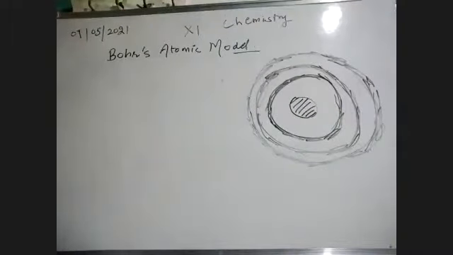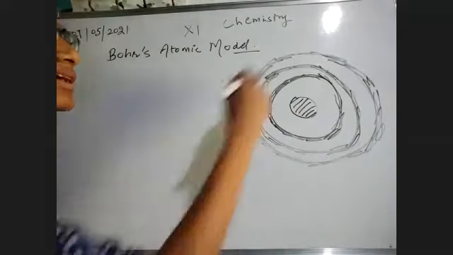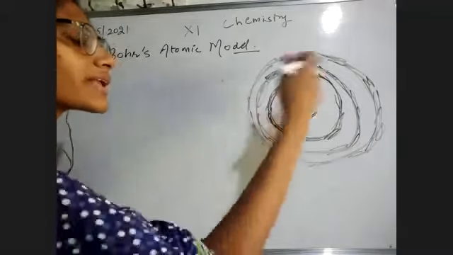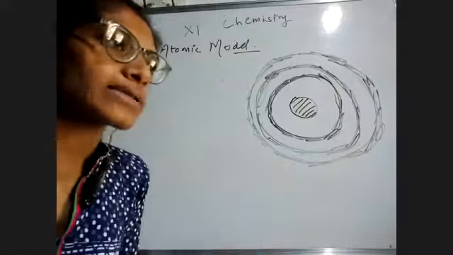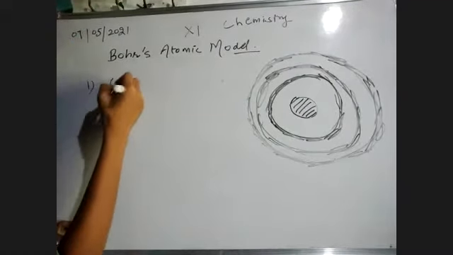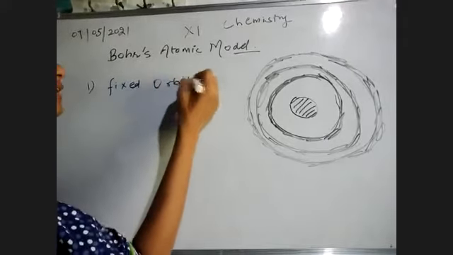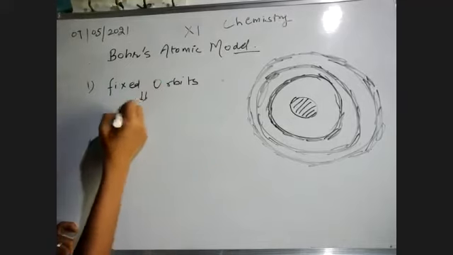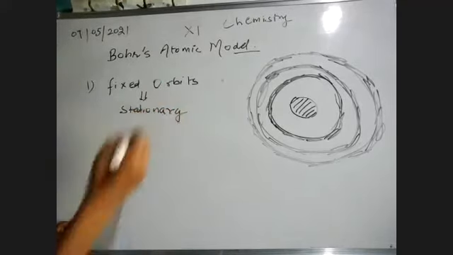First thing he said is that yes, there is a nucleus present and the electrons are moving in the orbits, which we have named the circular paths. But he told that these orbits are fixed, that means these are stationary. These orbits are not moving.